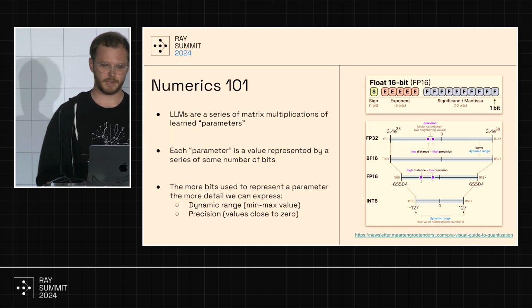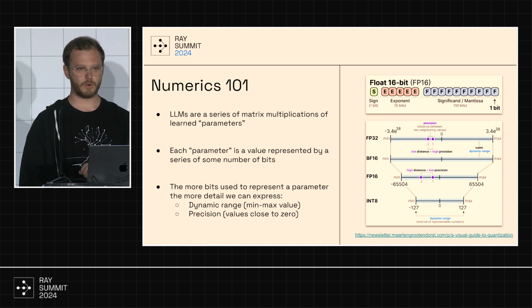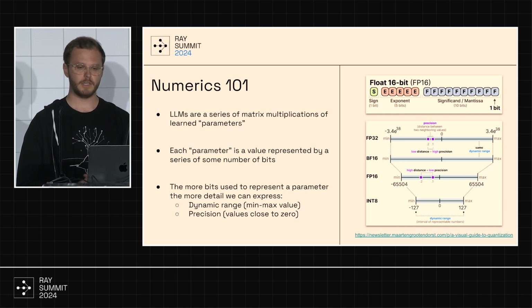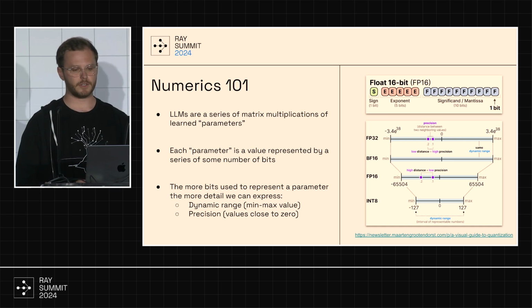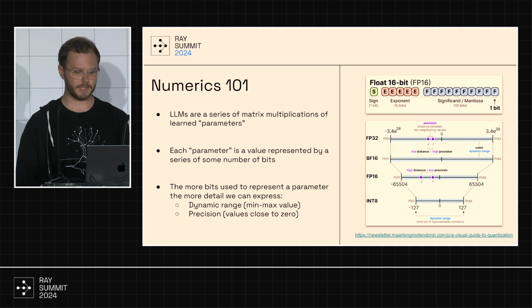So first, 101. Let's begin by examining the fundamental operations within an LLM. At its core, an LLM performs a series of matrix multiplication operations using learned parameters. Each of the billions of parameters are represented numerically and stored using a specific number of bits. Typically, high-precision formats such as FP32 or BF16 are used during training and inference.